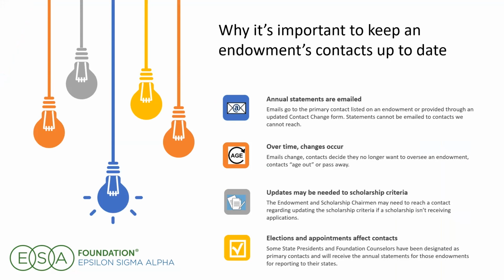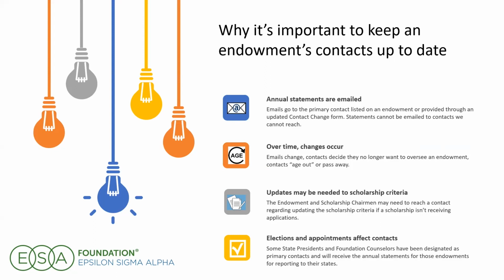We can't mail statements if we don't have someone to reach, and we can't assume that someone who filled out a contact form in 2008 when they established their endowment is still a viable contact. So it's really important to keep those up to date.